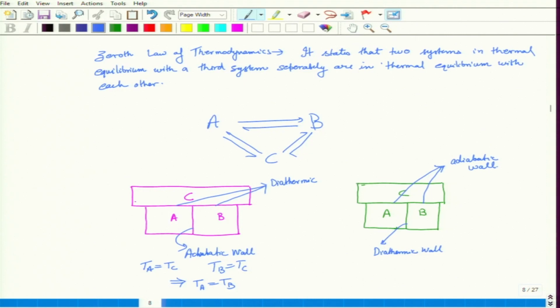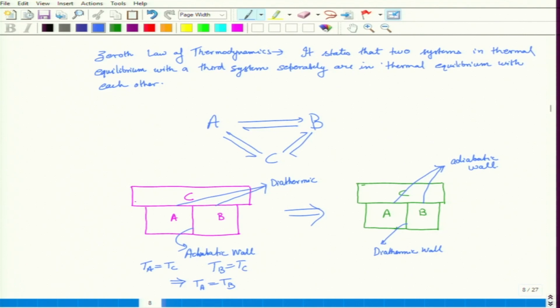Now if you change the walls, this wall becomes adiabatic from diathermic and this wall becomes diathermic from adiabatic. You will see there shouldn't be any exchange, because the system has already achieved equilibrium.